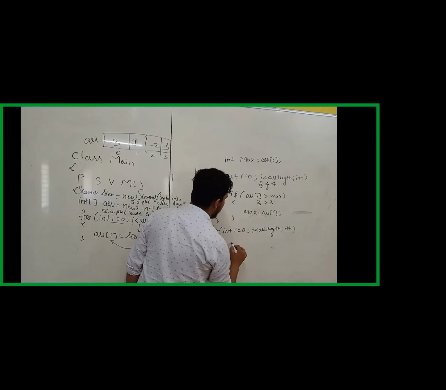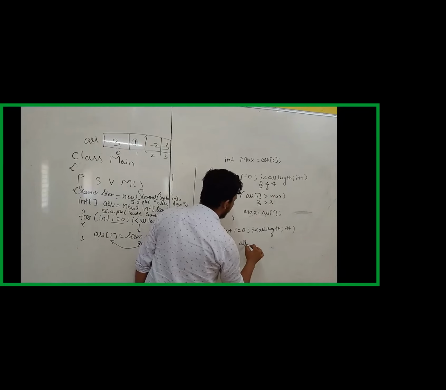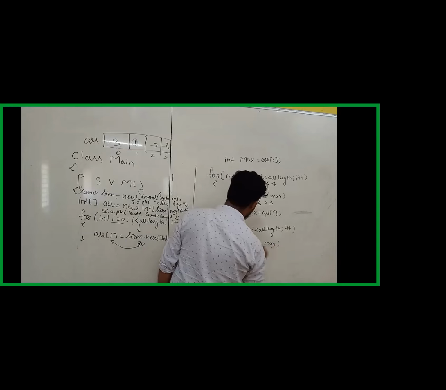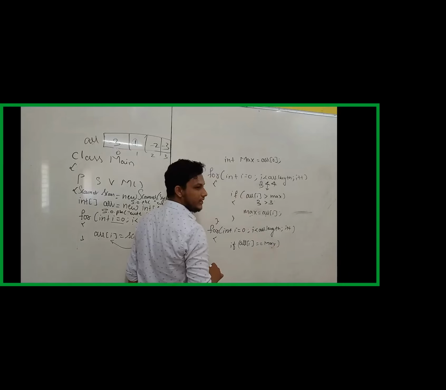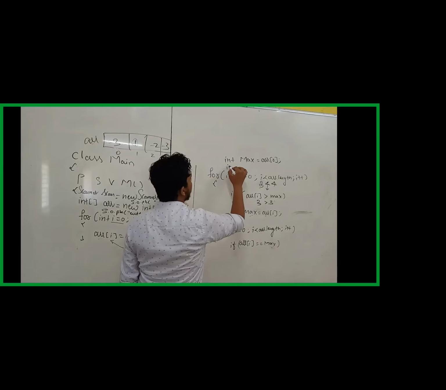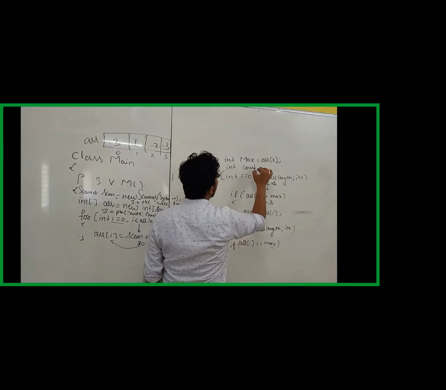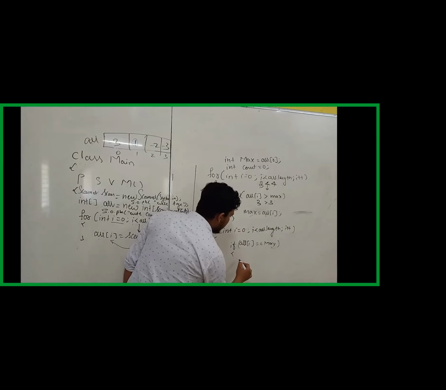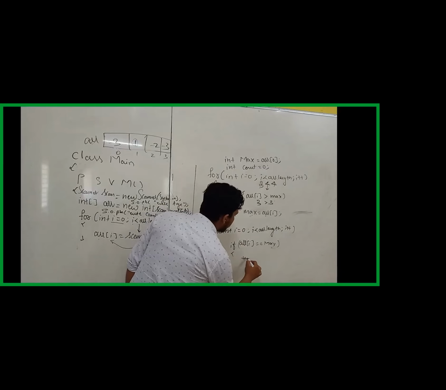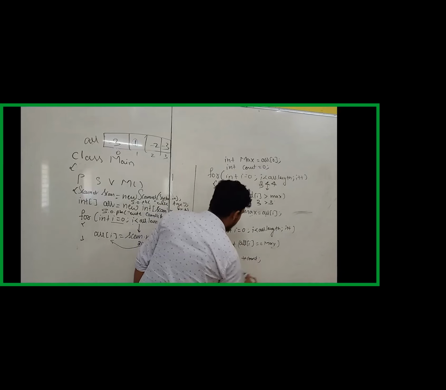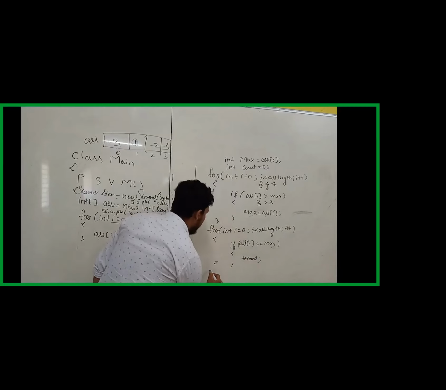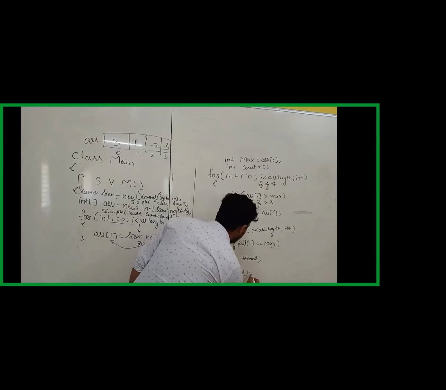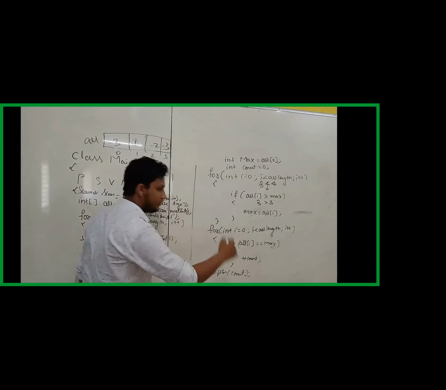Inside this, I'll write if arr[i] is equal to max. I'll declare int count = 0 initially. If it is matching, I'll increment count. Then after this, System.out.println, print the count value, close the main method, close the class. Done.